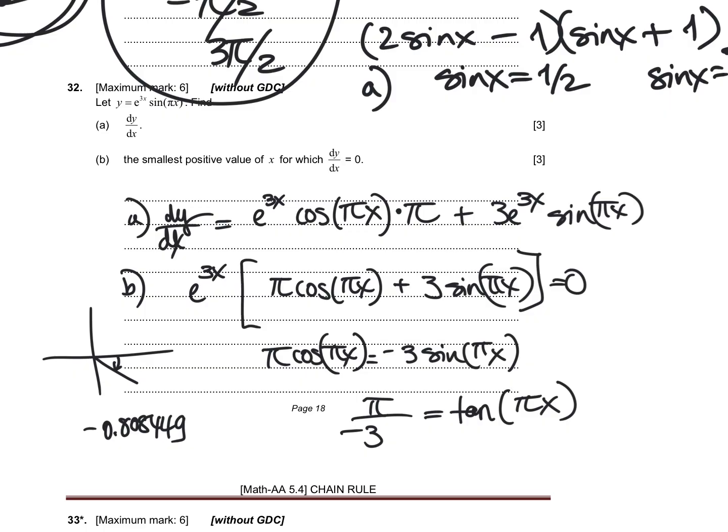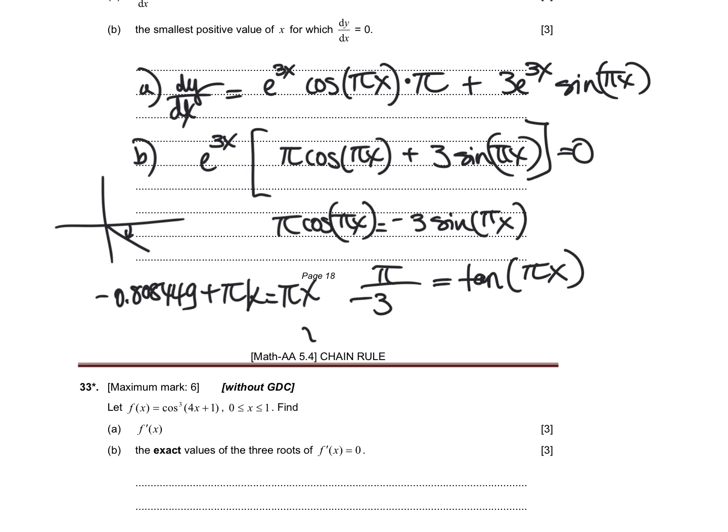Remember, tangent has a solution every pi k, where k is just an integer. So this equals pi x. Now if we divide by pi, we're going to have that thing plus pi k over pi, which is k. Dividing that thing by pi, that's still a negative number.